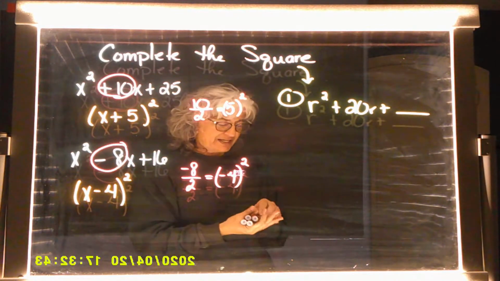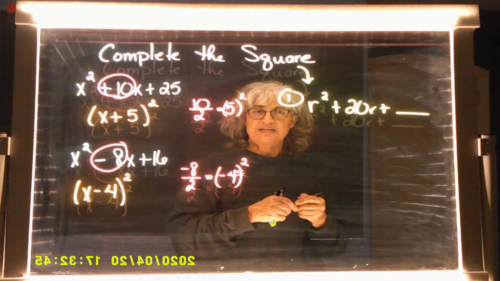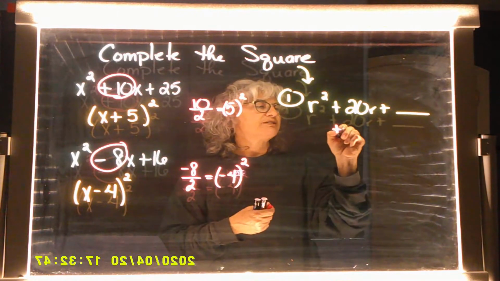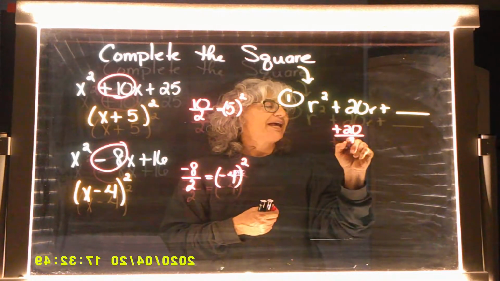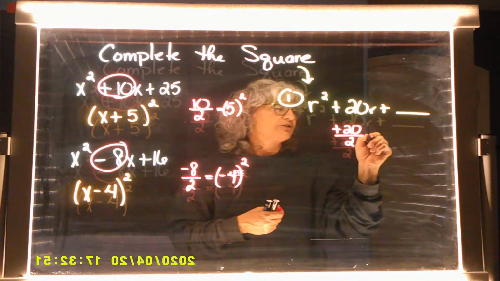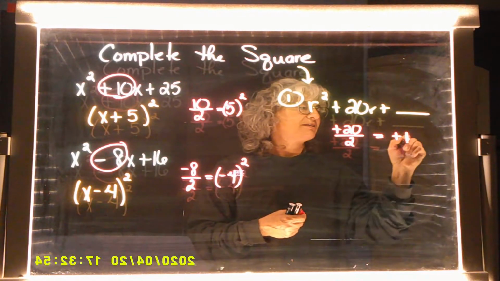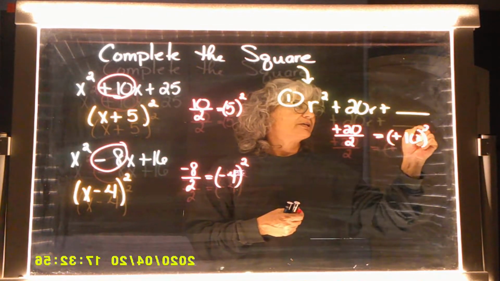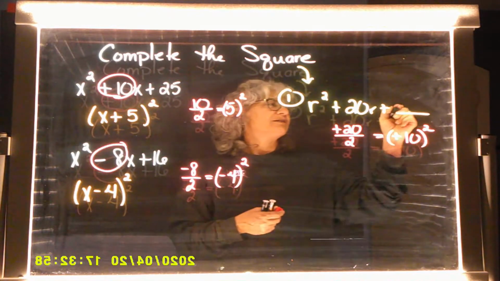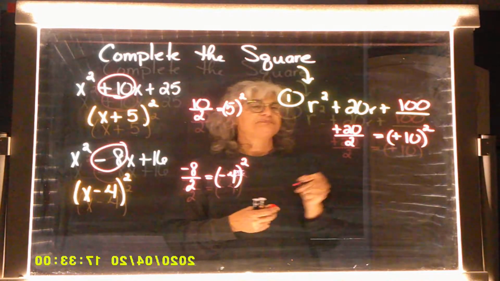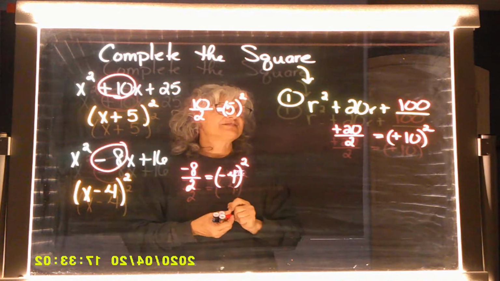So if I take my middle number, which in this case is positive 20, and I take half of it, what would you get? Good, you'd get a positive 10. And then if you square it, that's right, you would get 100. Now, answer me this.